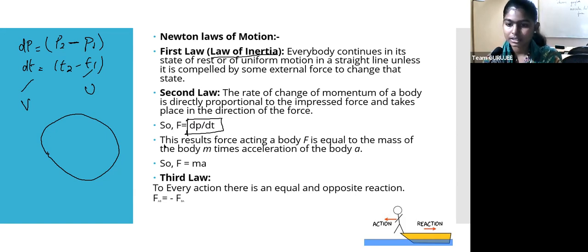And this result can be written as F is equal to ma. So this is what has changed to F is equal to ma. How is this changed? See, we have already seen displacement, velocity and acceleration, right?